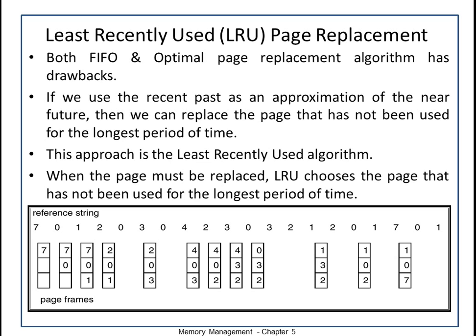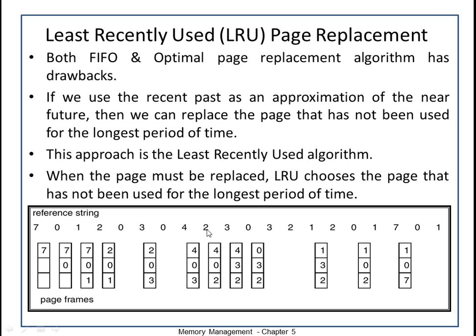Now for 4 we need to search for the page which is the oldest one used in the past. From 4, 0 is used just before, 3 before that, and 2 was used a very long time ago. So it will be selected for replacement, and page 4 is placed at the page 2 location.